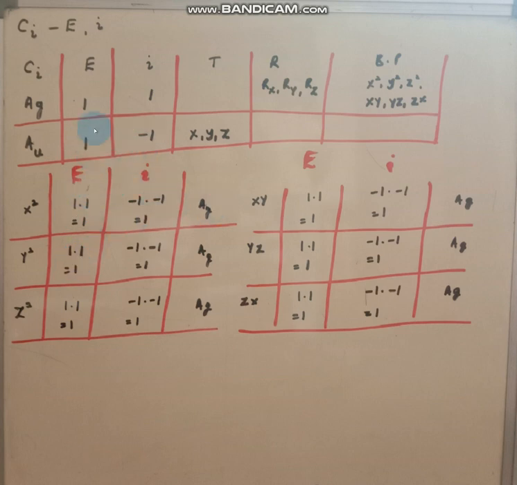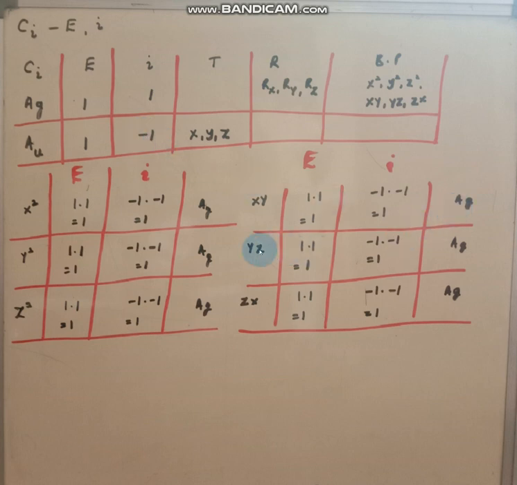Similarly, y, 1 into 1, minus 1 into minus 1, corresponds to Ag, and z square also corresponds to the same Ag. If you do the multiplication of unidimensional vectors, that corresponds to Ag. Similarly, x and y both are same, so I can write 1 into 1, minus 1 into minus 1, that corresponds to Ag.